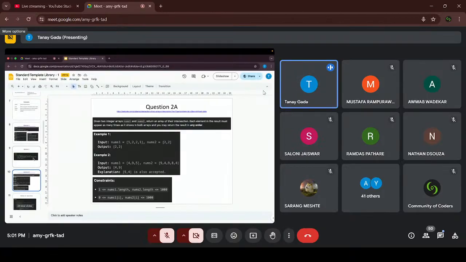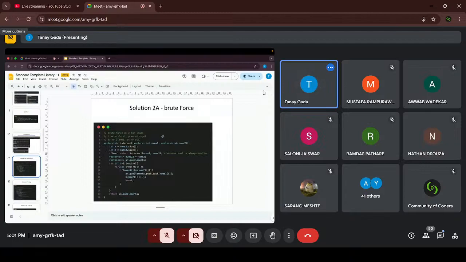Let's see. First, we can see the brute force approach. We can iterate over the elements in the second array and check if it is equal, we just push it to the result and make the element in nums2 -1, because we don't want that same element to be counted twice.